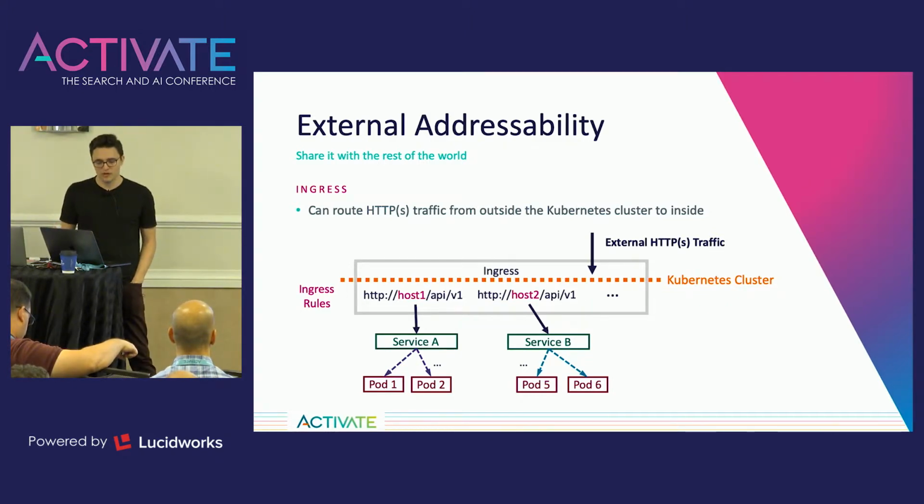So for example, we have a rule that says any HTTP traffic that comes into our Kubernetes cluster with the host name host1 gets routed to service A, which might be, for example, one Solr cloud, and anything with the host name host2 gets routed to service B, which might be a different Solr cloud. So now we have the ability to talk from outside of Kubernetes into Kubernetes to talk to our Solr pods.